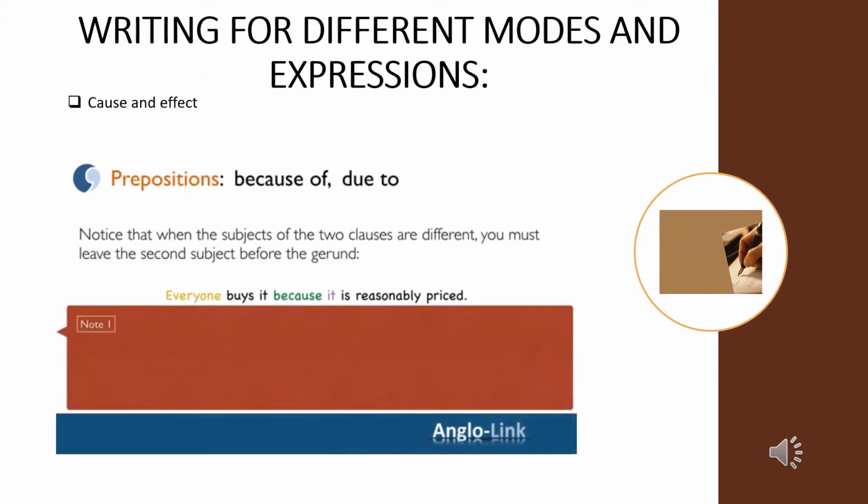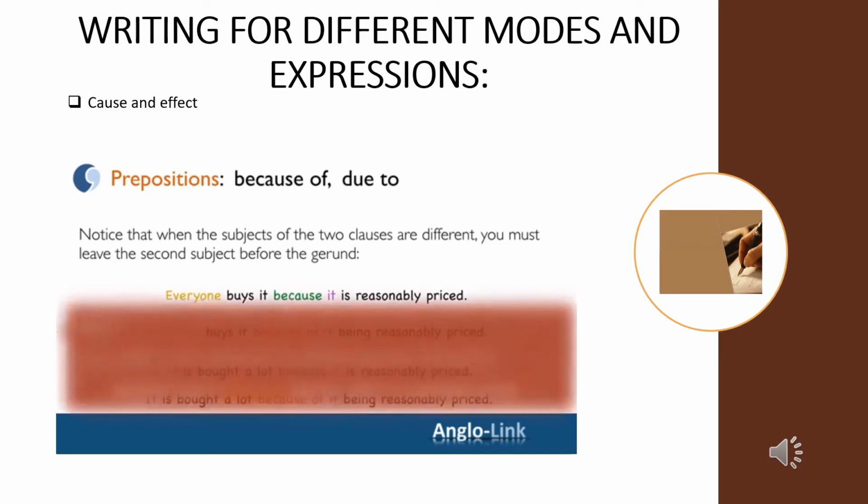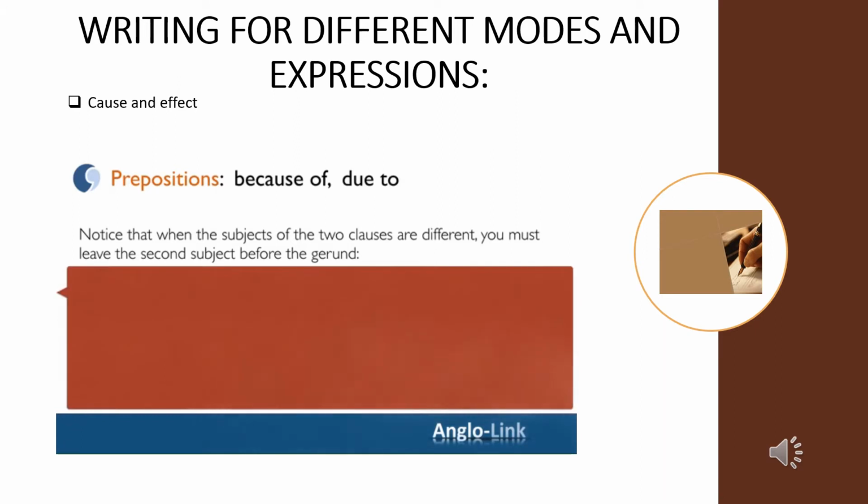Okay, a couple of more notes here. The first thing, if you prefer to use a clause, you can add the expression the fact that. You can say everyone buys it because of the fact that it is reasonably priced. And the second note, other compound prepositions.